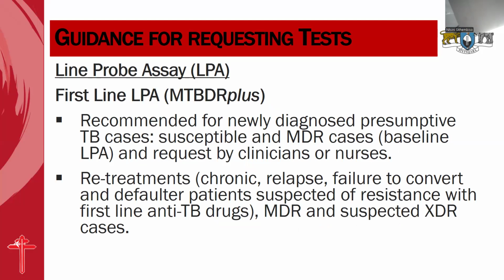It can also be used for retreatment, those cases where there's a chronic case, a relapse, a failure to convert, and a default as well, for those who are suspected to have resistance. They are also encouraged to order the first-line LPA, which is the first-line line probe assay.